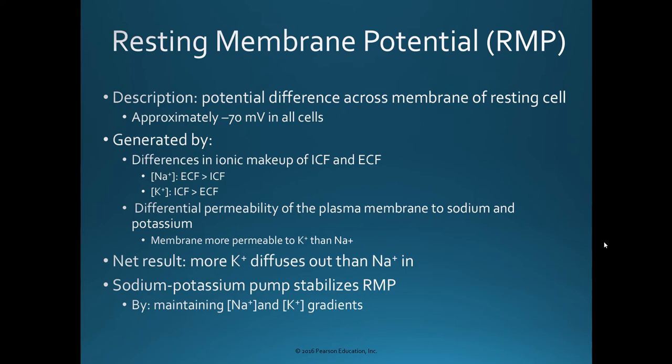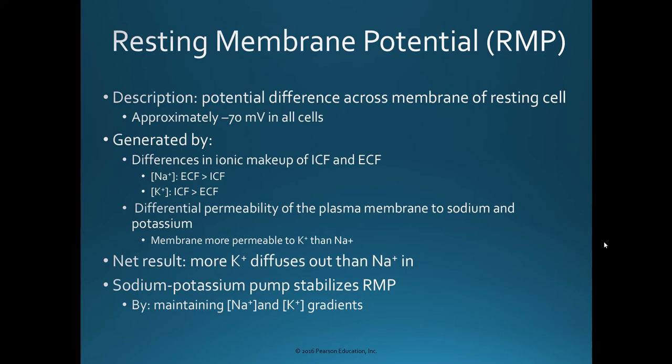They have this voltage difference, this current across the membranes, where the inside side of the membrane is negative compared to the outside side of the membrane. What makes this resting membrane potential is the fact that we have different ion concentrations inside and outside our cells. The ions we are talking about are sodium and potassium, the ones mostly responsible for this resting potential.